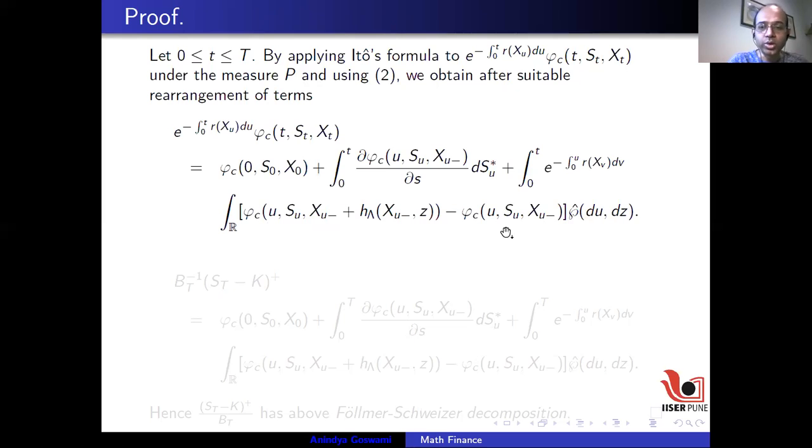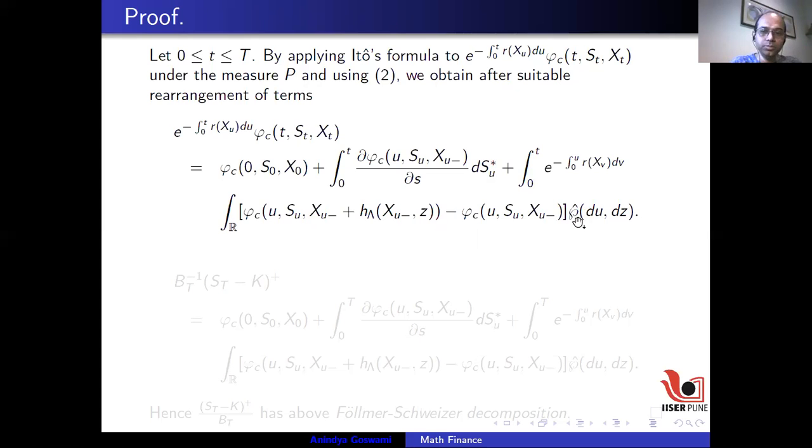So you get a martingale as a process with respect to the u variable, where u is the time variable. Since P hat is independent of the Brownian motion, one can show that this martingale is orthogonal to the martingale part of the stock price.